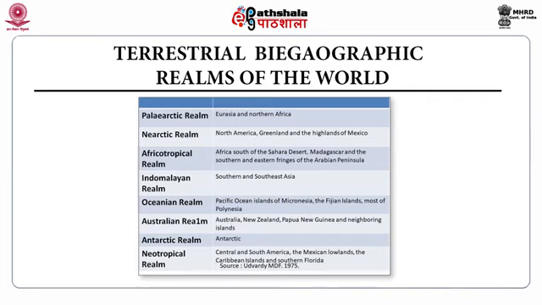Oceanic realm, Pacific Ocean islands of Micronesia, Fijian Island, most of the Polynesia. Australian realm has Australia, New Zealand, Papua New Guinea and neighboring islands. The Antarctic realm is composed of Antarctica. Neotropical realm is comprised of Central and South America, the Mexican lowlands, the Caribbean islands and southern Florida.